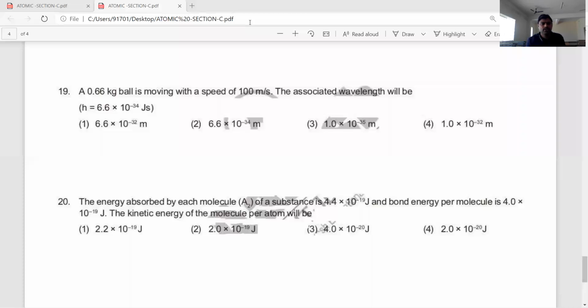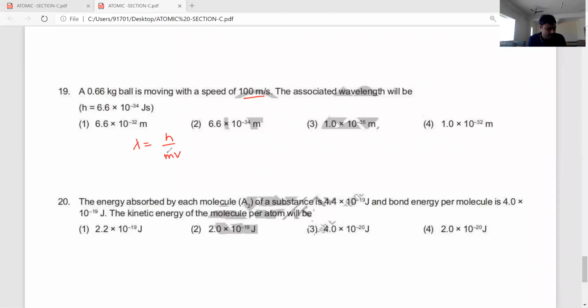19th question. A 0.66 kg ball is moving with a speed of 100 meters per second, then the wavelength. So it's very easy. The formula: wavelength lambda is equal to h by mv.